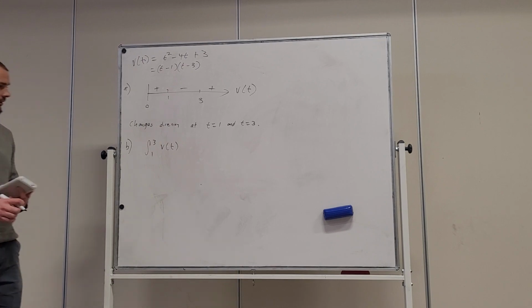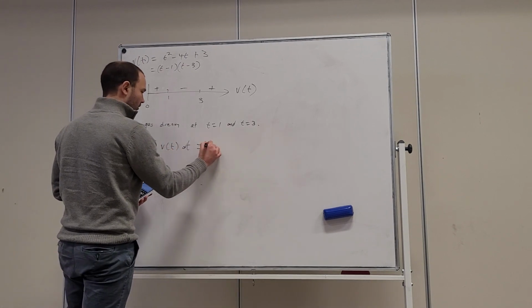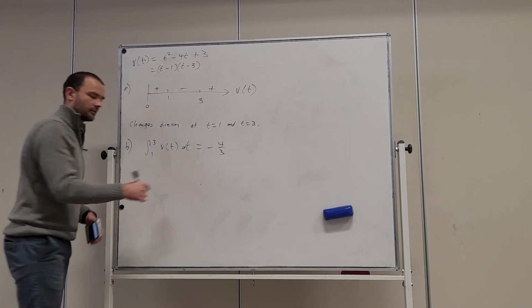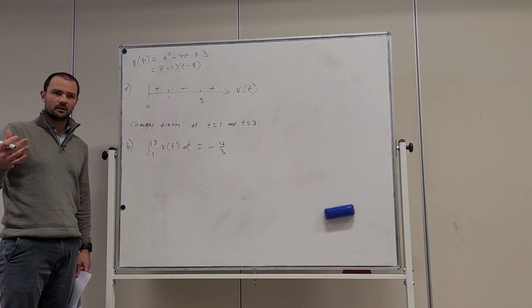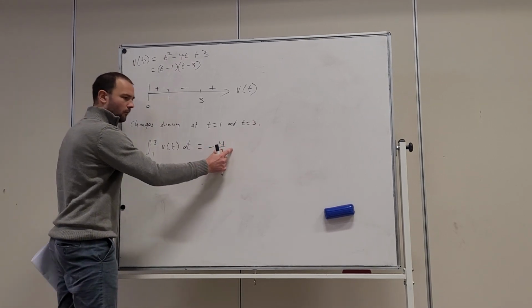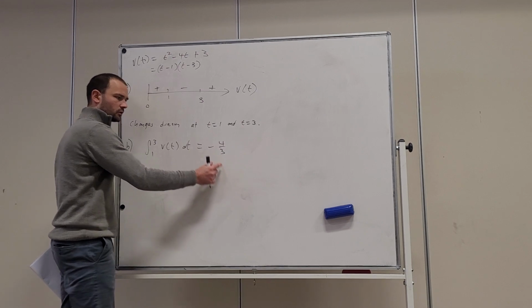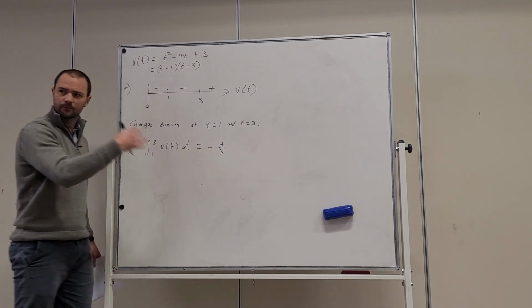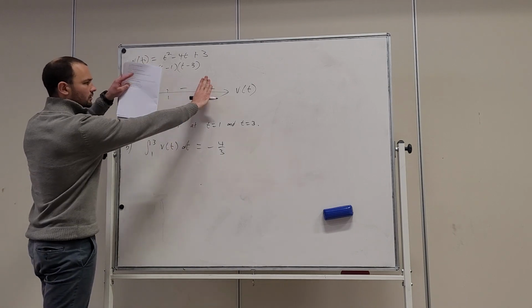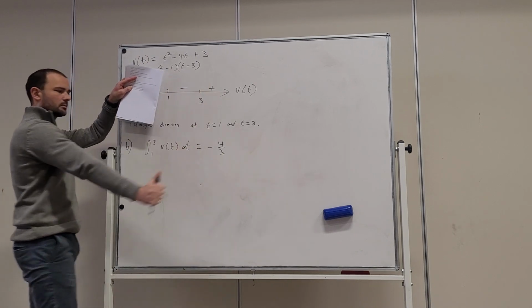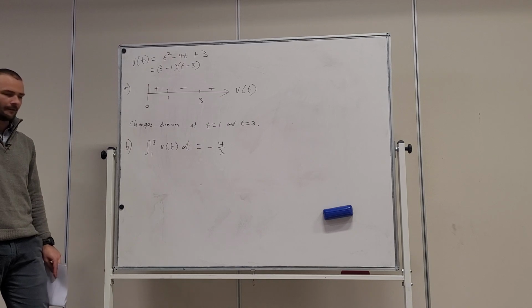I've evaluated that, and I've got minus 4 on 3. So the value of that integral is minus 4 on 3. Now, area under the velocity curve is distance. So it's moved 4 on 3 units to the left. And of course we expect that, because between time is 1 and time is 3, it has negative velocity, which means it's moving to the left.